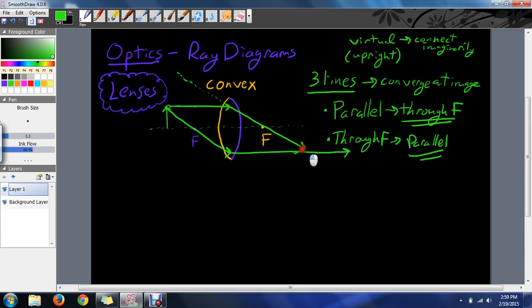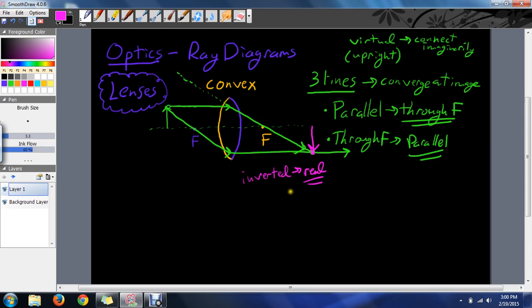Did you find it? Well, we could have extended this one a little more. They connect. Okay. Don't be impatient. If they don't actually connect here, draw it a little farther. And that's where they'll connect. Notice it is upside down. It's inverted, which means it's real. How else do you know it's real?